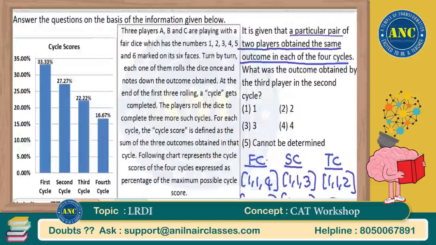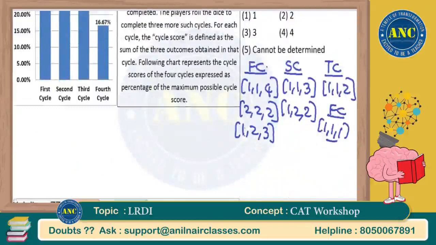Read the question. It is given that a particular pair of two players obtained the same outcome in each of the 4 cycles. In each of the 4 cycles, there are two players who have got the same outcome. 1 here, 1 here, 1 here, 1 here.